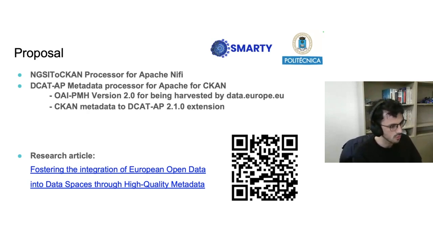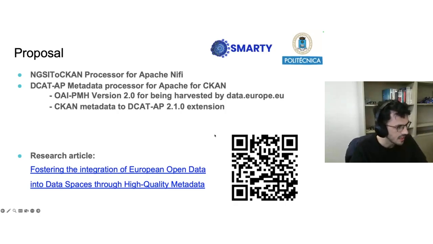What we want to do is to make the process of publishing open data automatic or semi-automatic. With AI, we can obtain higher levels of automation, and with the tools that we have developed and standards like DCAT-AP, you can do it in a FAIR way.